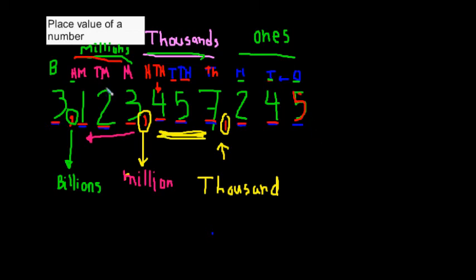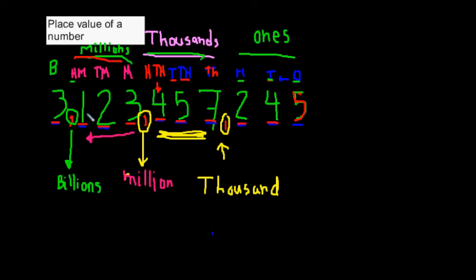So we use the place value to know where is the place and what is the place value of every digit.